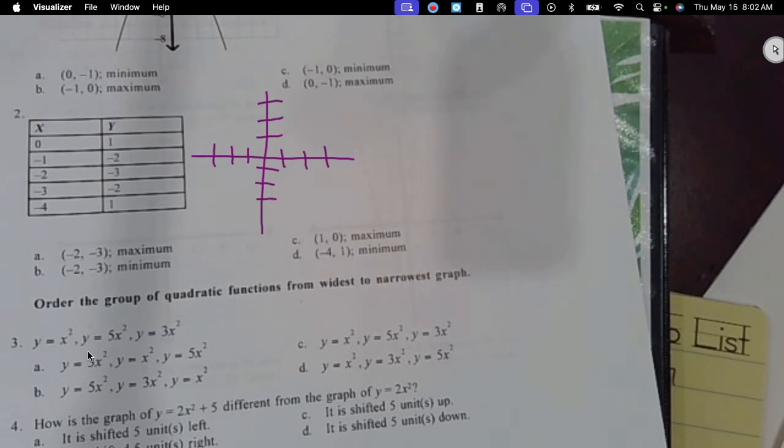Let me just draw a little picture, and this one's 0, 1. I plot that point. Negative 1, negative 2. Negative 2, negative 3. Negative 3, negative 2. Oh, I need to go over one more. Negative 4, 1. Okay, and then I just connect my dots.